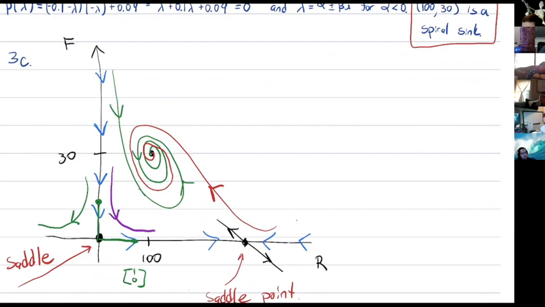This just tells me what happens close to 0, 0. So it is possible that if I start off on this axis that I would head directly in towards the equilibrium at 0, 0, but otherwise I'm most likely going to start to head away from that equilibrium eventually.